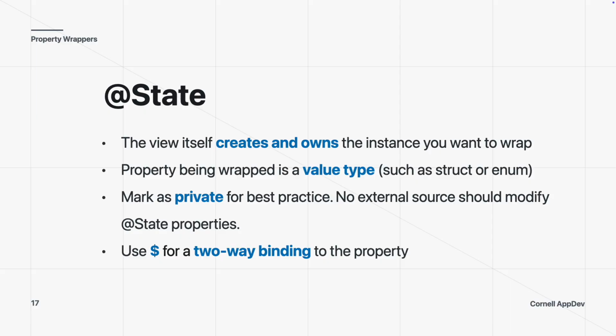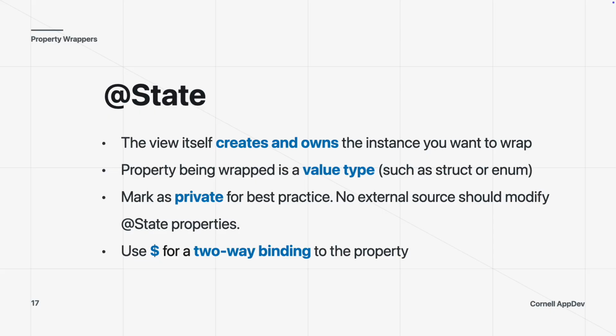So if I have that count variable that Adeline was showing you previously, the view created that count variable and we wanted to change it within that view itself. So we use State to give us this new mutability that we didn't previously have with structs. We use State when we have a value type, which was a struct when we previously used it, and we typically mark them as private just for best practice.